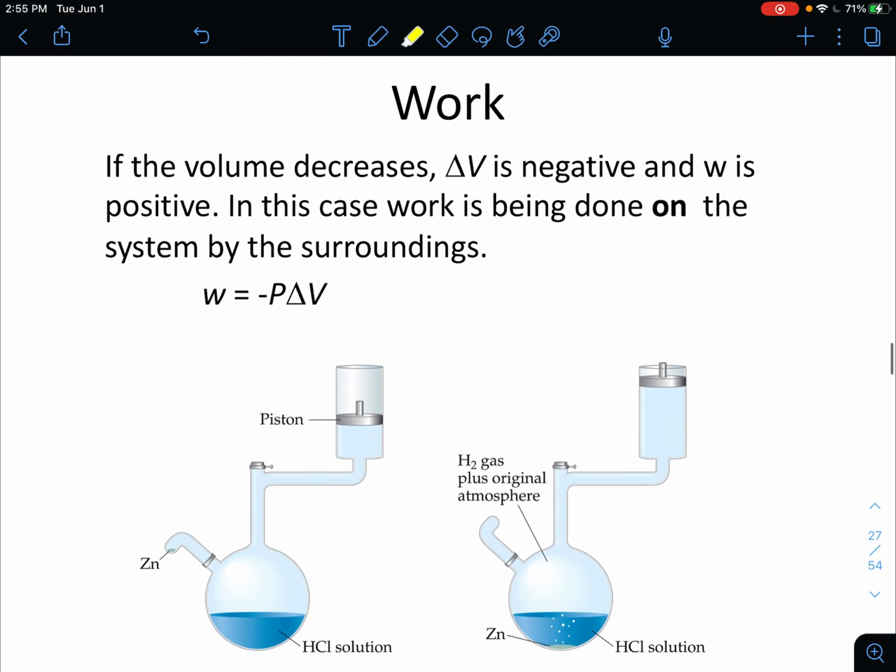If it were the other way around, which it is not in this case, but if the volume decreases, then delta V would be negative. Given that there's already a negative sign in the equation, work would be positive. So now I would say work is being done on the system by the surroundings. So expansion is the system doing work on the surroundings.